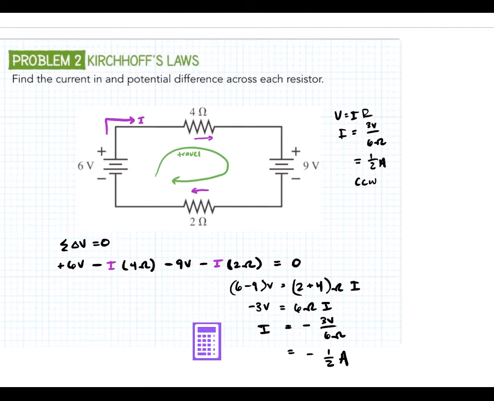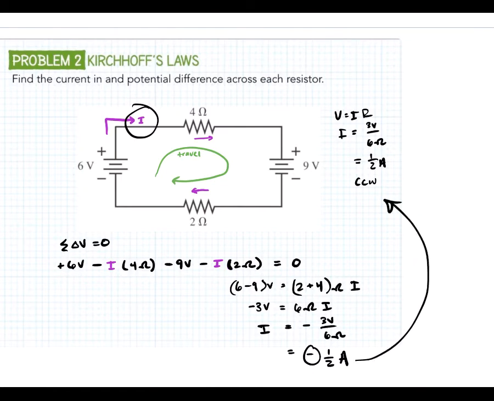So you see, since we picked our current going in the wrong direction, we get this negative sign over here. And so, like I said, it doesn't actually matter which way we pick our current because we're always going to get the correct answer. So we plugged in the numbers after we solved symbolically-ish. And this answer makes sense with our guess, okay? Because we picked clockwise, and this negative tells us that our current goes the other way.